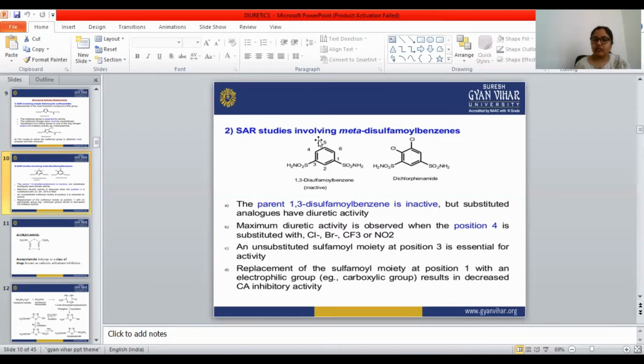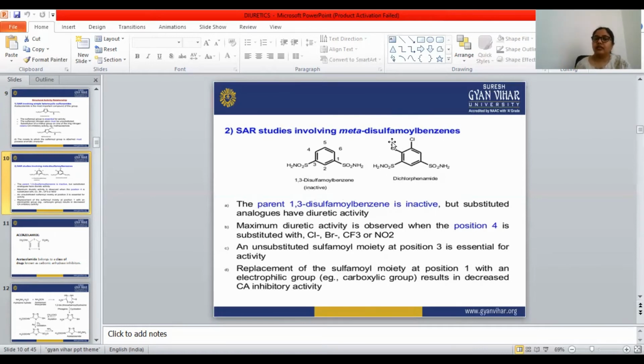The parent 1,3-disulfamyl benzene is an inactive drug. When we substitute a chloride or bromide group at the 5th or 4th position, that gives maximum diuretic activity. One example is this disulfamyl benzene substituted with two chloride groups at the 4th and 5th positions.